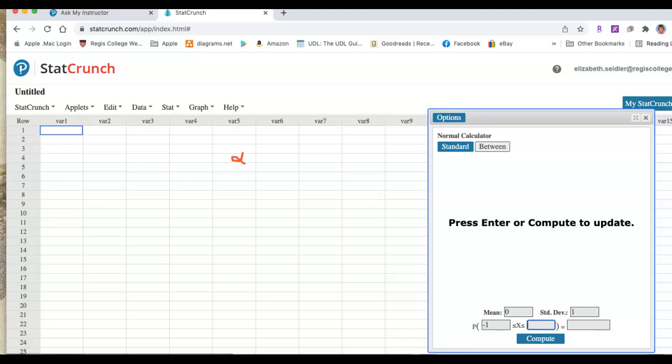So alpha equals 0.05. What this means, my standard normal distribution, is that half of the area of that significance is in the right tail and half is in the left tail.